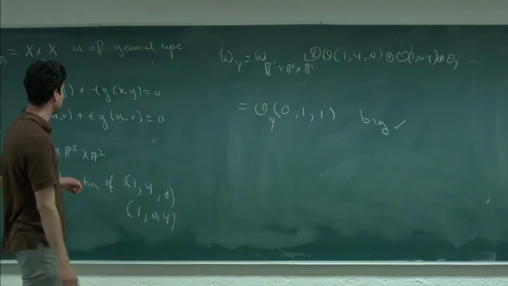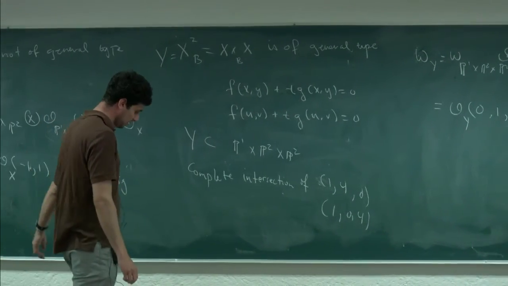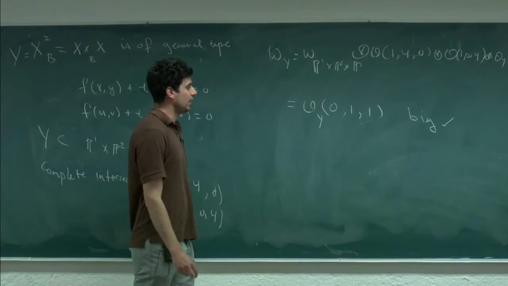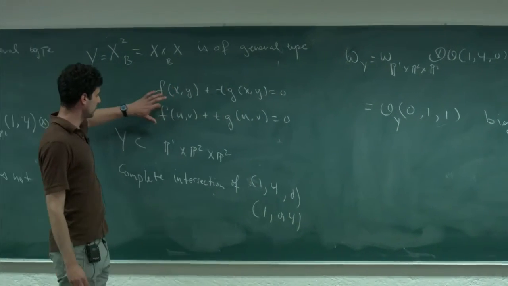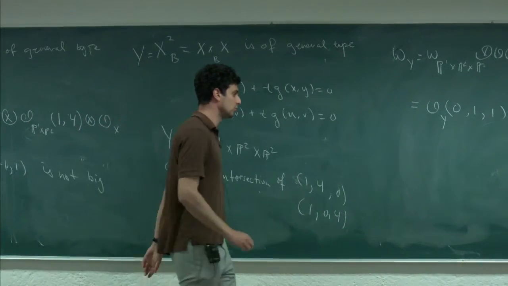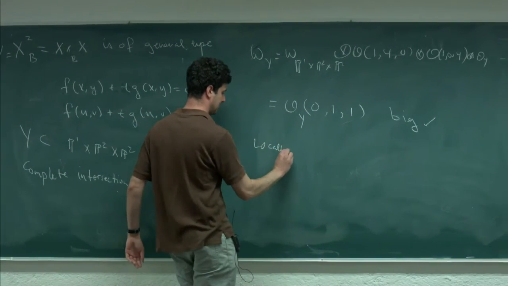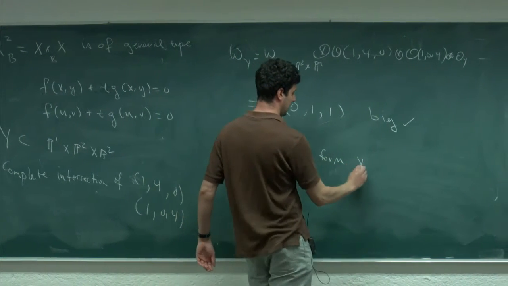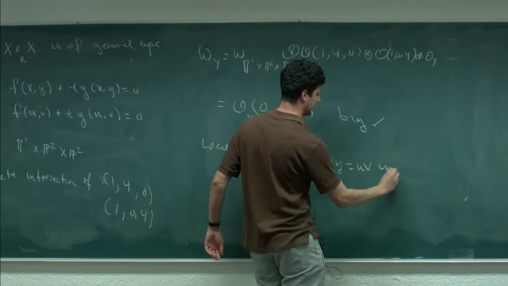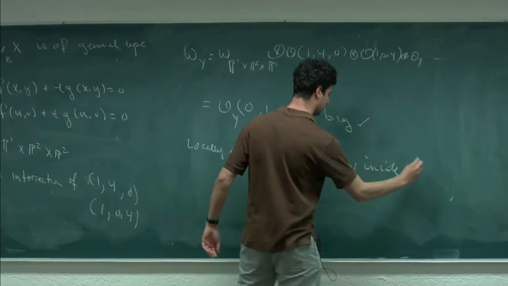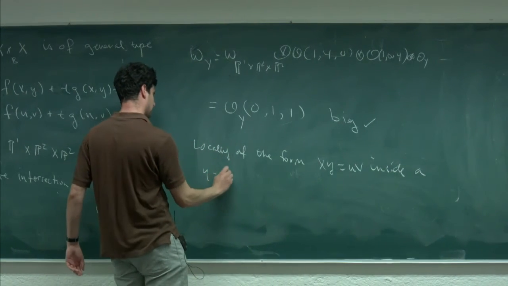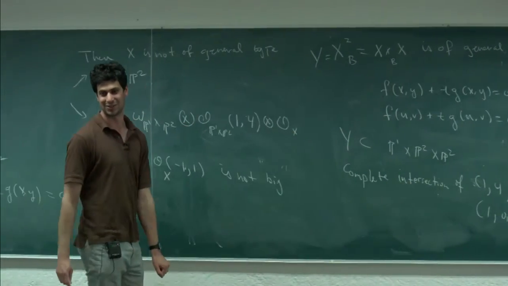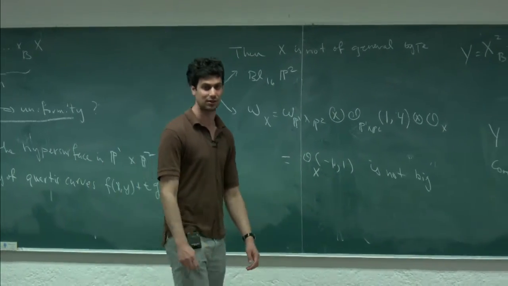And the singularities are okay because we start with a family of curves, so the fibers are at worst nodal. And remember, this thing locally looks like two copies of this, so locally of the form xy equals uv inside a smooth fourfold. I'm not going to do the calculation, but I promise these are canonical singularities.